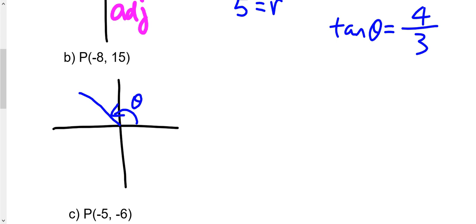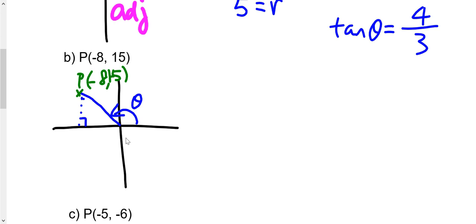That's your angle theta. You can stop here if you want. I'll just call that P, -8 and 15. Make it a right angle triangle. So now a right angle triangle.